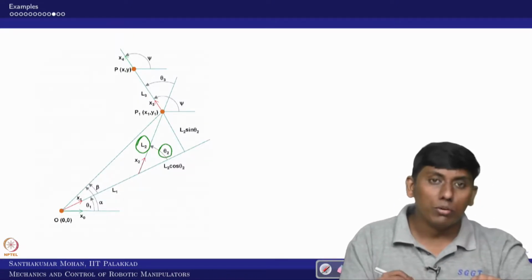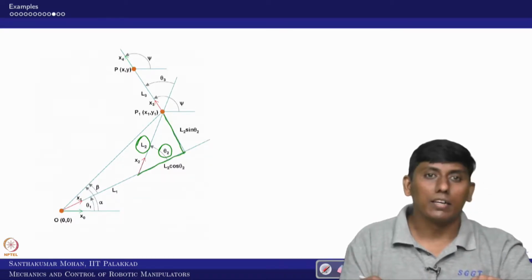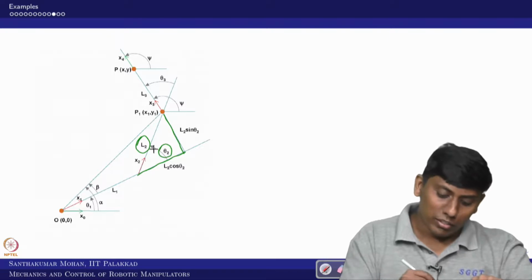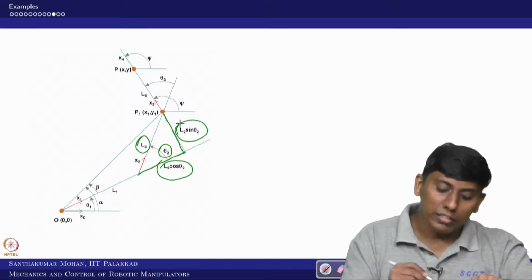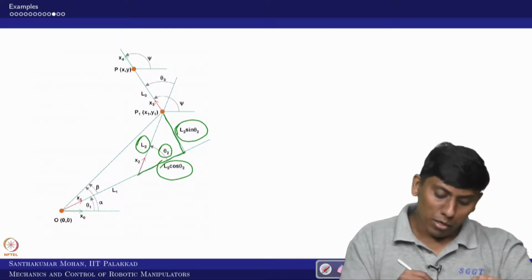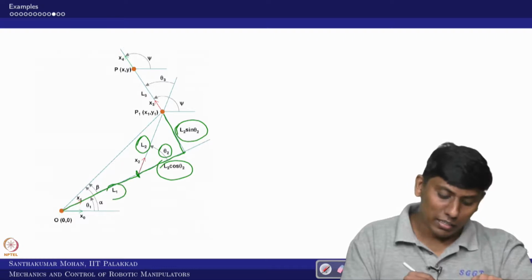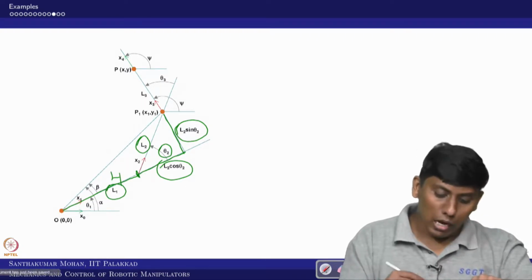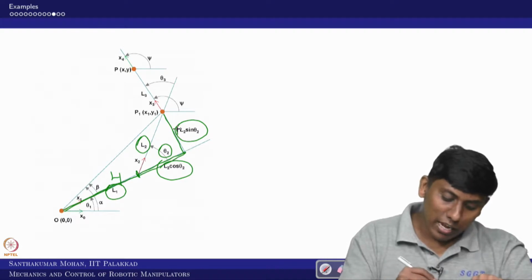This theta 2 is known, so I can mark this as L2 cos theta 2, and this L2 sin theta 2. But what is this distance? It is the link length L1, right? So this is L1. Now what can I get for the total length? I can make this triangle, right?